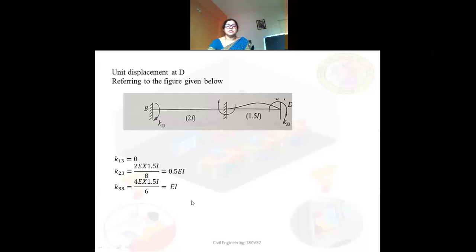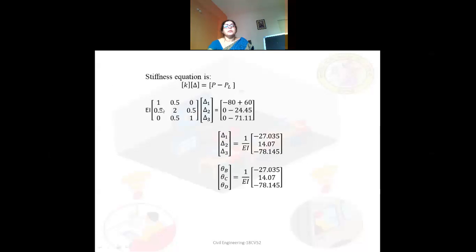So next write down the stiffness matrix in the column wise, that is K11, K21, K31, K12, K22, K32, K13, K23 and K33. If you write, what is that you are going to get? 1.5, 0.5, 0.5, 1 into delta 1, delta 2, delta 3.